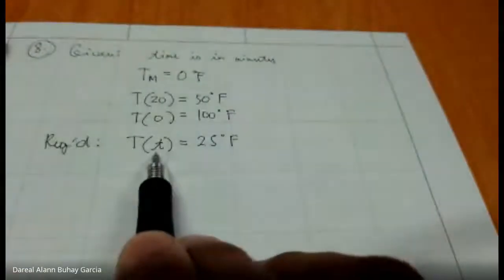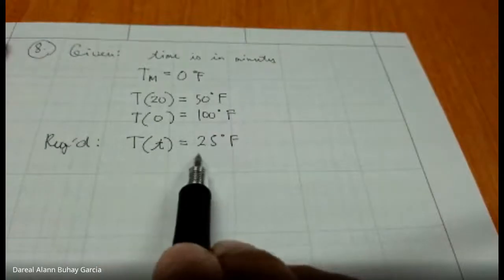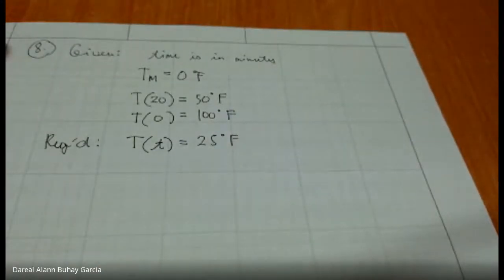And the same ni ganina, no? Sa katong growth and decay, katong interest. T at 10 minutes. The time is 10 minutes man. So, pwede na ni T of 10 equal to question mark. So, muna itong given. Okay?